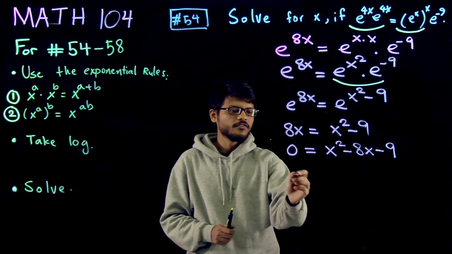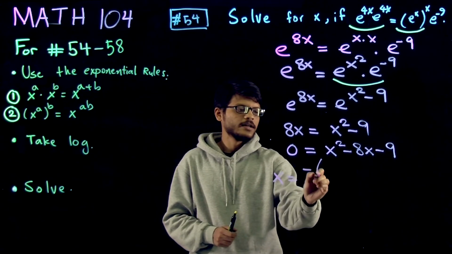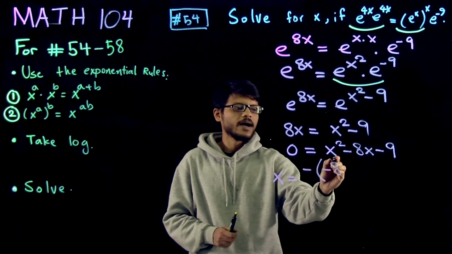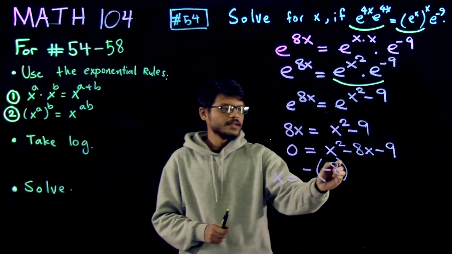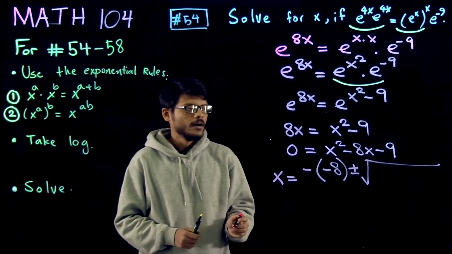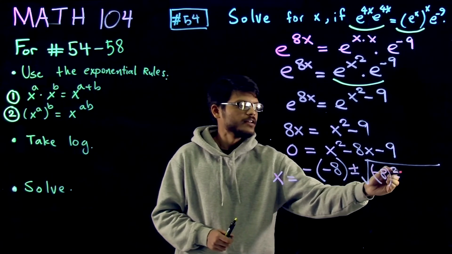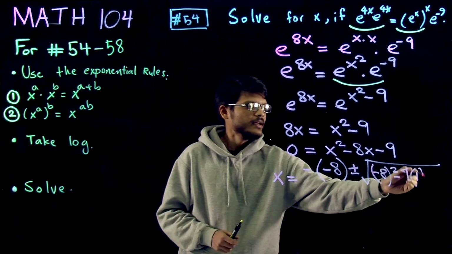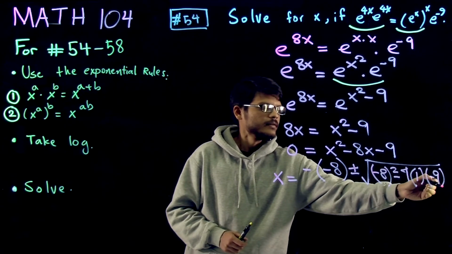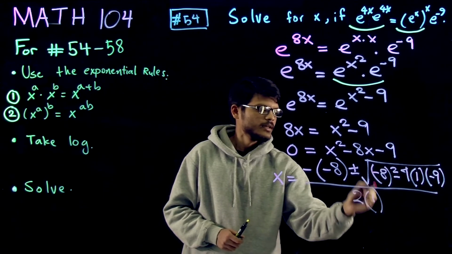Using the quadratic formula we get that x is equal to minus b, here it is negative 8, plus minus the square root of b squared minus 4ac, over 2 times a.